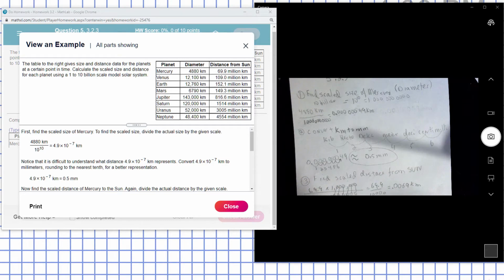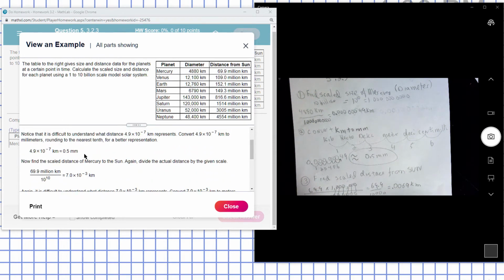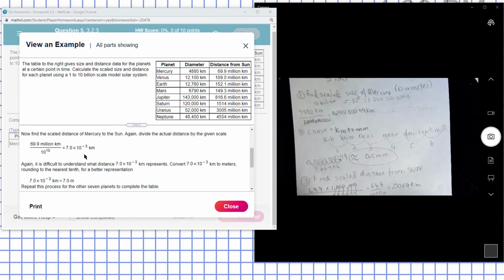And then we do the same thing again to find the scale distance from the sun. So they have, I divided by the scale size there, 10 billion. 10 billion is the same thing as 1 with 10 zeros behind it. That's what I do there.